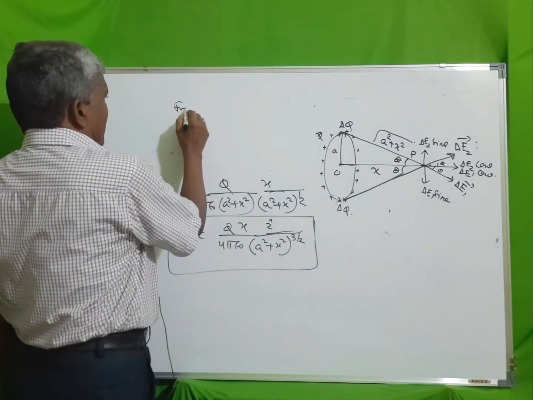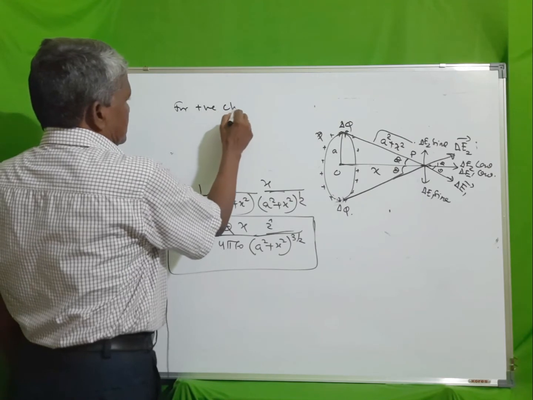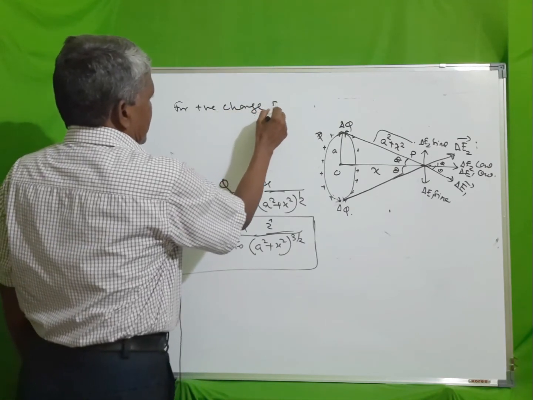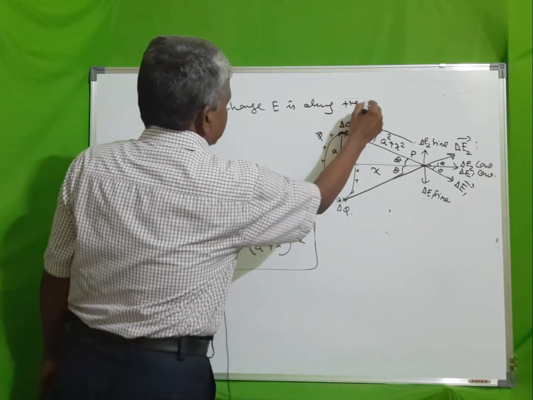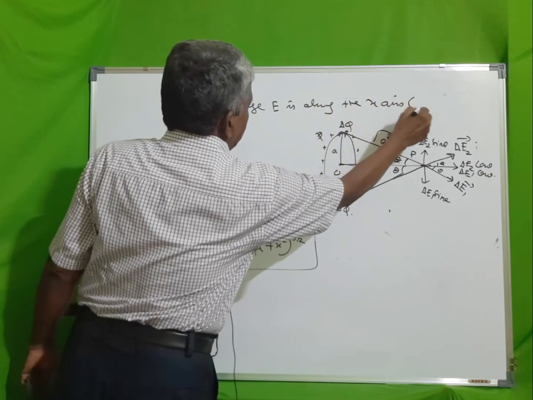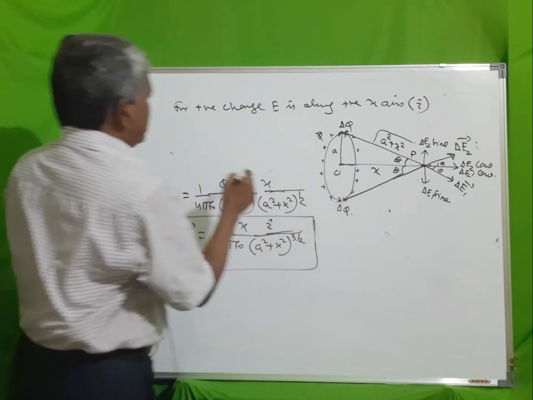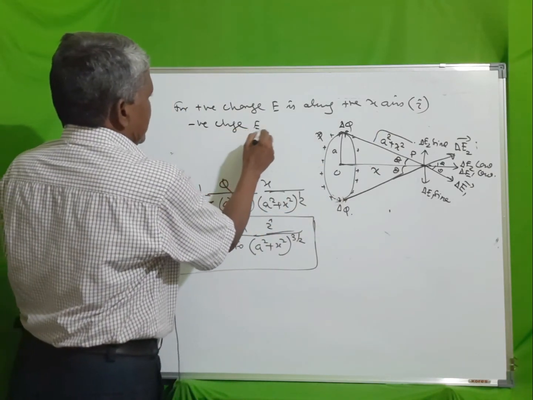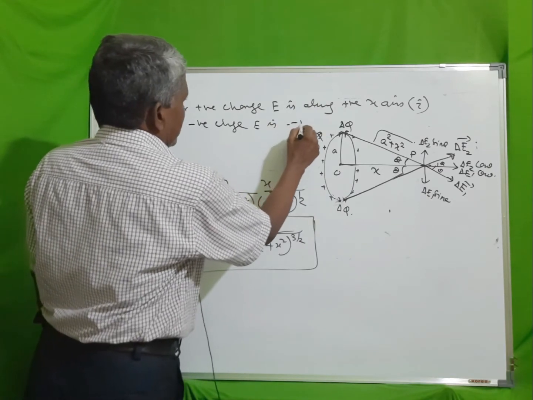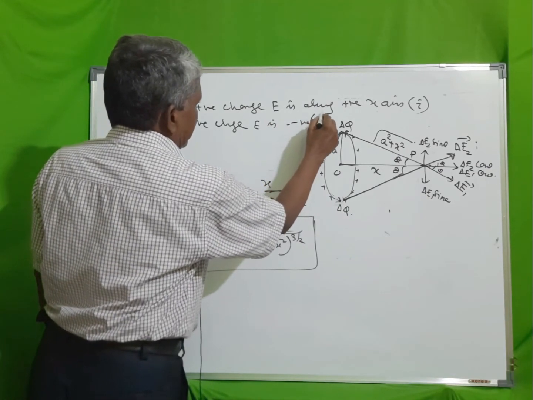For positive charge, E is along the positive x-axis, that is i cap, or for negative charge, E is along the negative x-axis, meaning minus i cap.